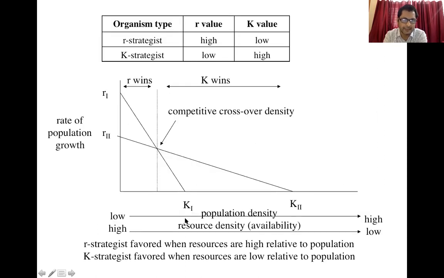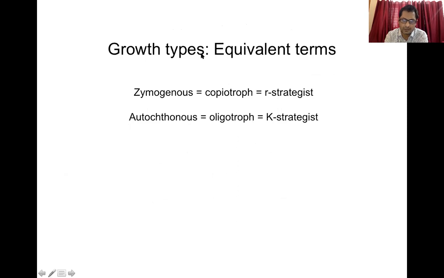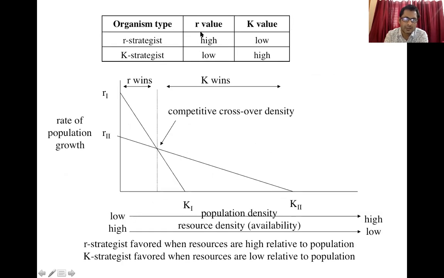So if we see here, R strategies or R communities are those where the R value is high, meaning the growth rate is high, but the population density is low. For K strategies, the population growth rate is low, but the population density is high.